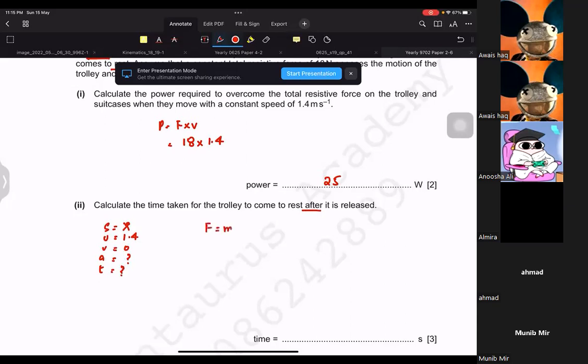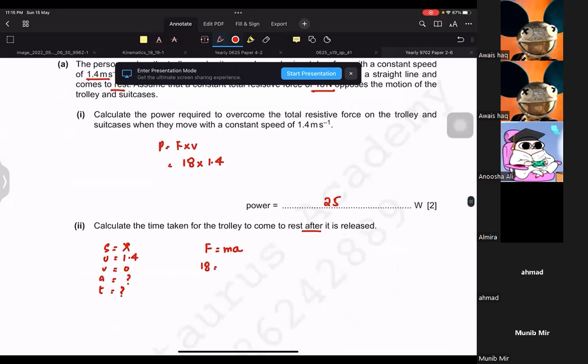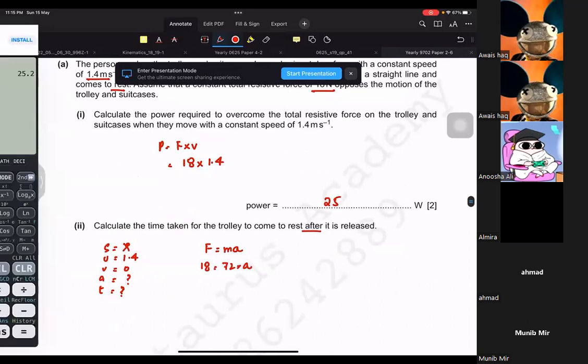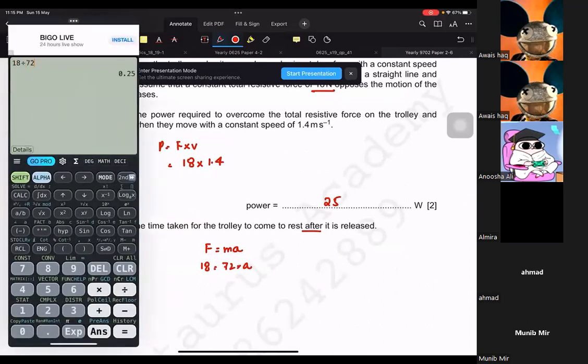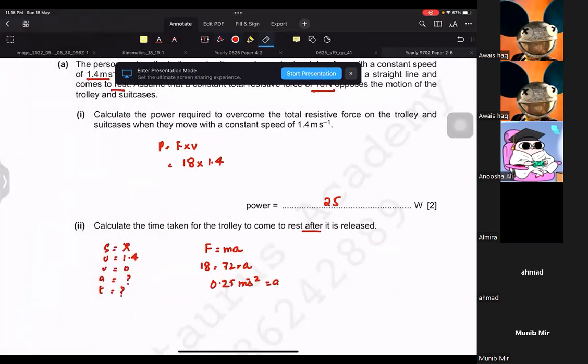F equals ma. 18 equals mass 72 times a. So 18 divided by 72 is 0.25 meters per second squared. Now we got the acceleration.